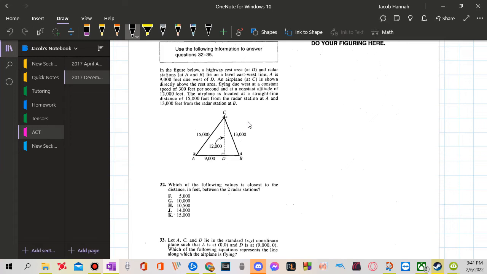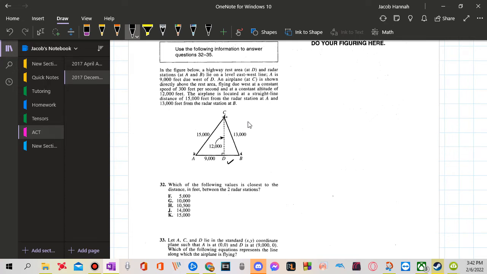Alrighty. So, what are the radar stations? The radar stations are A and B. So that's the airplane, and the radar stations. They're asking for this distance. So, right triangles.